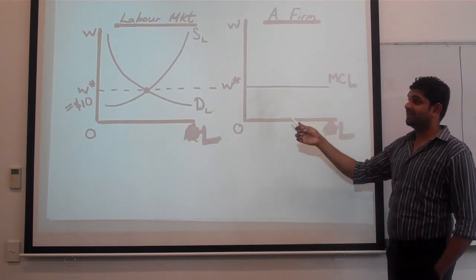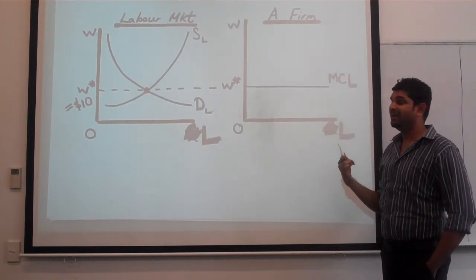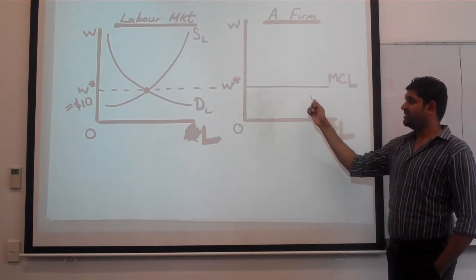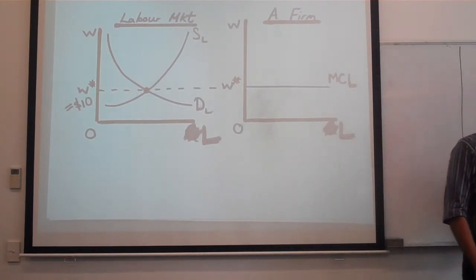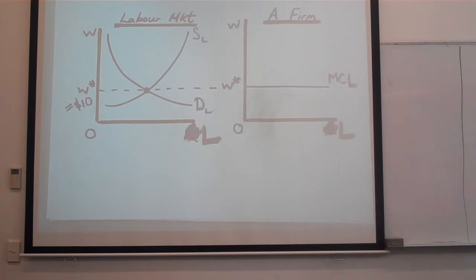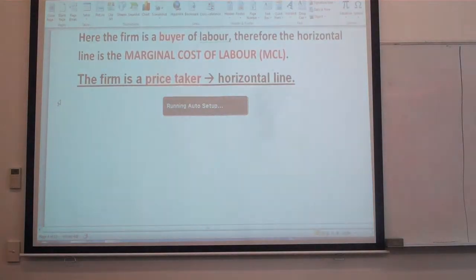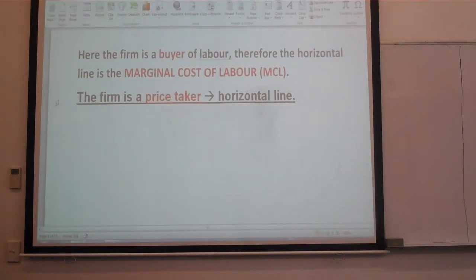But in this market, the firm is buying labor at the given market wage. So this horizontal line is the marginal cost of labor. So here, the firm is a buyer of labor, therefore the horizontal line is not marginal revenue, it's the marginal cost of labor. The firm is a price taker, therefore that line is horizontal.